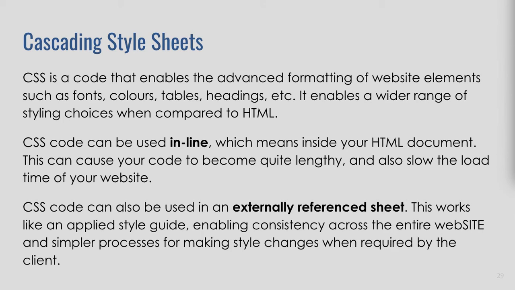But it was never designed for advanced formatting of the graphical websites that we now use. As a result, the W3C created a new style of code called CSS, or Cascading Style Sheets. And this is where we can format specific elements of our HTML.